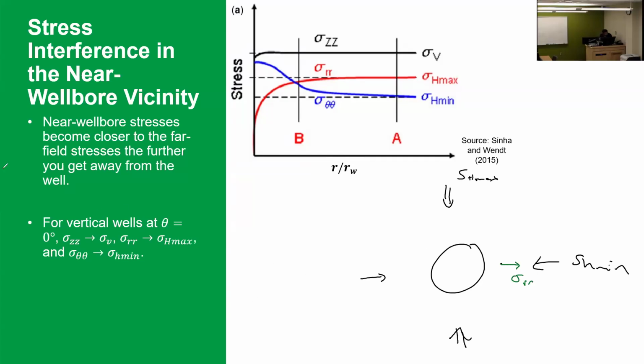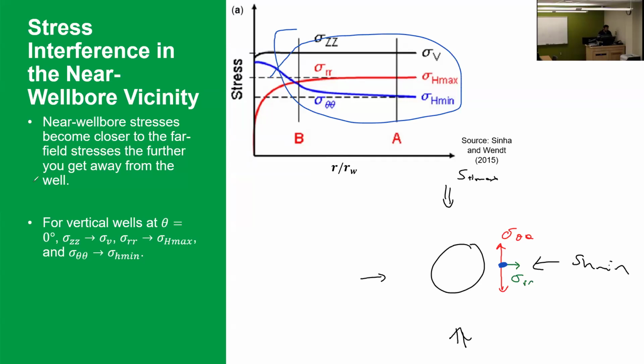The tangential stress will be in this direction, sigma theta theta. The axial stress will again be parallel to the wellbore. So now the radial stress is parallel to SH mean and the tangential stress is parallel to SH max. So I'm expecting sigma RR to become sigma H mean and sigma theta theta to become sigma H max, the opposite of the plot that I have here.